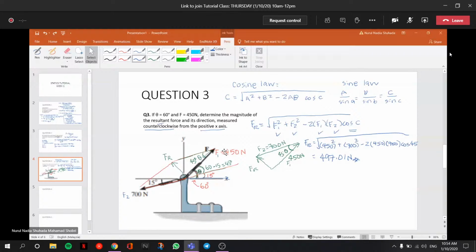So this is the angle we are actually looking for. In the question, it already gives a 60 degree angle here. And the angle we are looking for is from here up to here. So the remaining angle that we have to find is here.